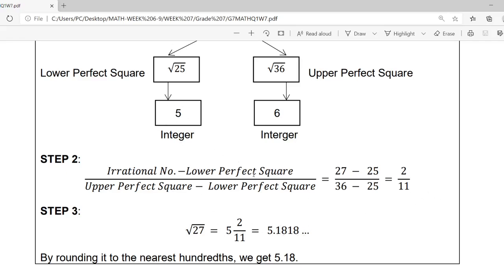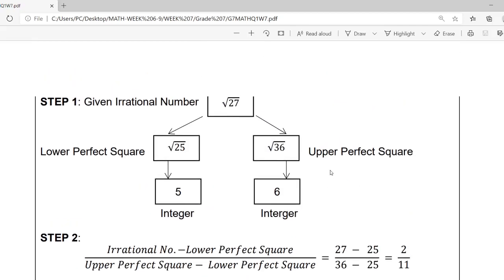Dividing that, 2 divided by 11 is 0.181818 like that. So therefore, square root of 27 is 5.181818. By rounding it off to the nearest hundredths, we get 5.18. This is step number 2.